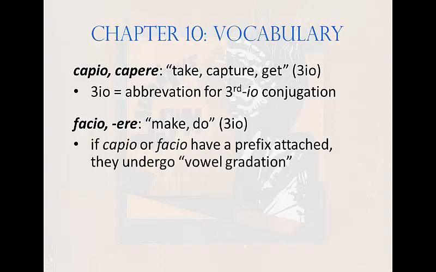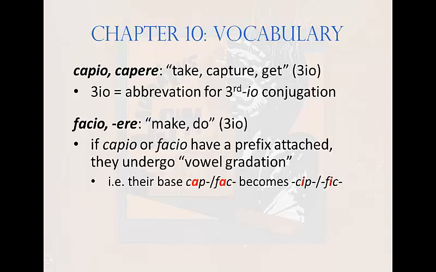And here's another very important pattern to notice. If there's a prefix attached to a verb like capio or facio, these verbs undergo what grammarians call vowel gradation, meaning that their base, which is originally cap or fac, becomes cip or fic.